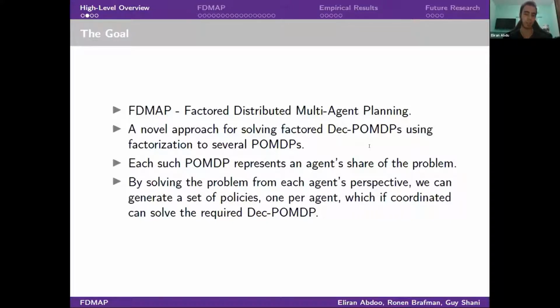Then by solving the problem from each agent's perspective, meaning that we solve each of these POMDPs, we can generate a set of policies, one for each problem, which if then coordinated can ultimately solve the required Dec POMDP, which is what we will refer to as the original problem, the Dec POMDP input to the algorithm.